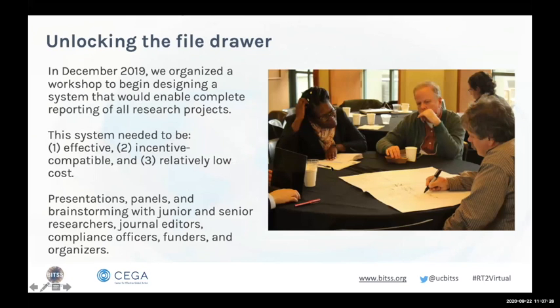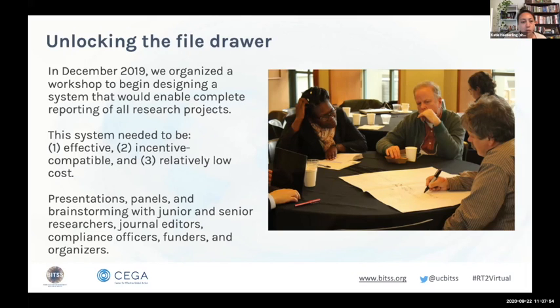Okay, so this is the last slide that is shareable. We started trying to think about what we could do to address these problems of publication bias, the file drawer problem, and the related questionable research practices that researchers might use to get published and respond to the incentives that are there for them.